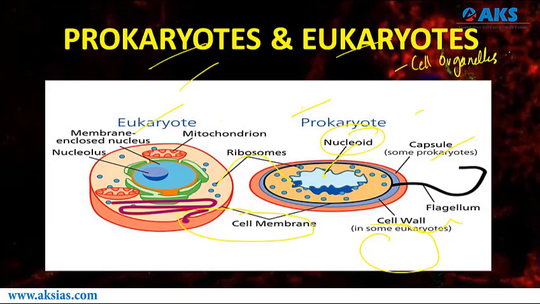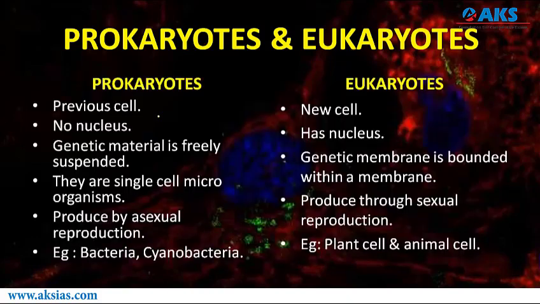In eukaryotes, apart from ribosomes and cell membrane, which are common to prokaryotes, there are also mitochondria, a membrane-enclosed nucleus and nucleolus, and many other organelles.